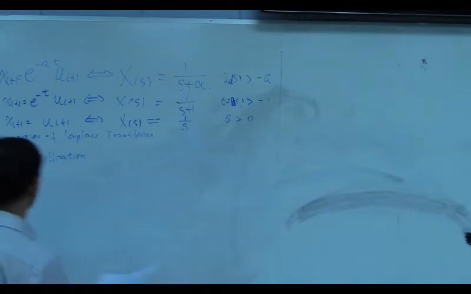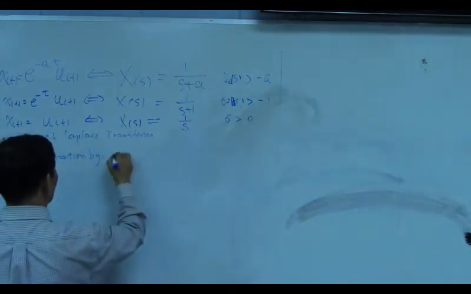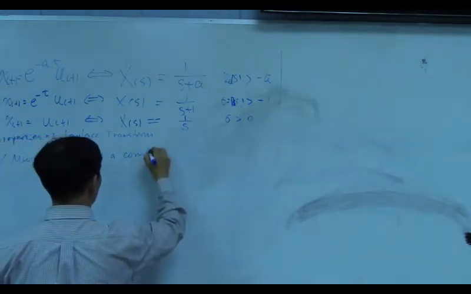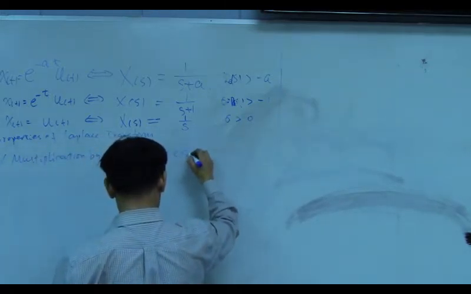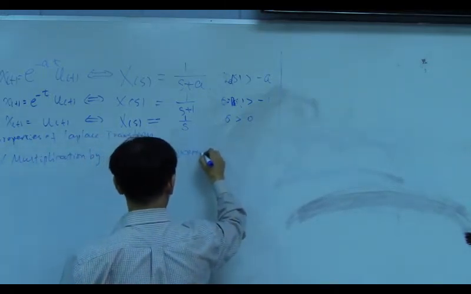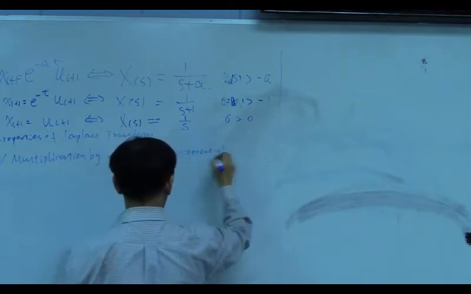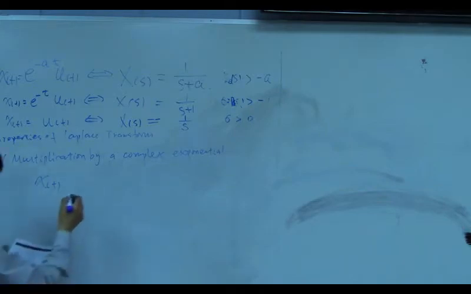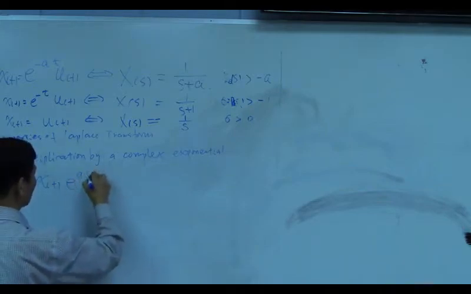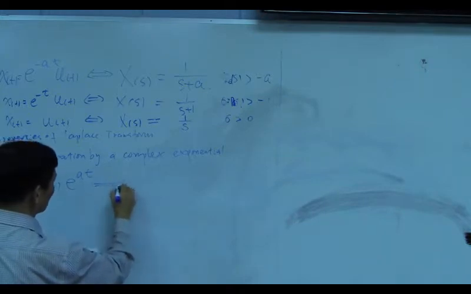Next one is multiplication by a complex exponential. That means, again, x(t), we know the Laplace transform of this. We multiply by e to the at. What is this?